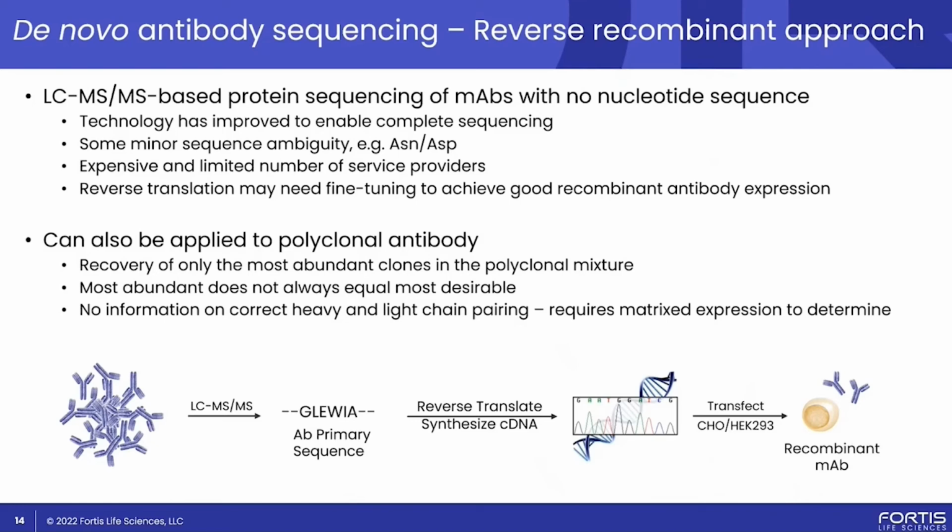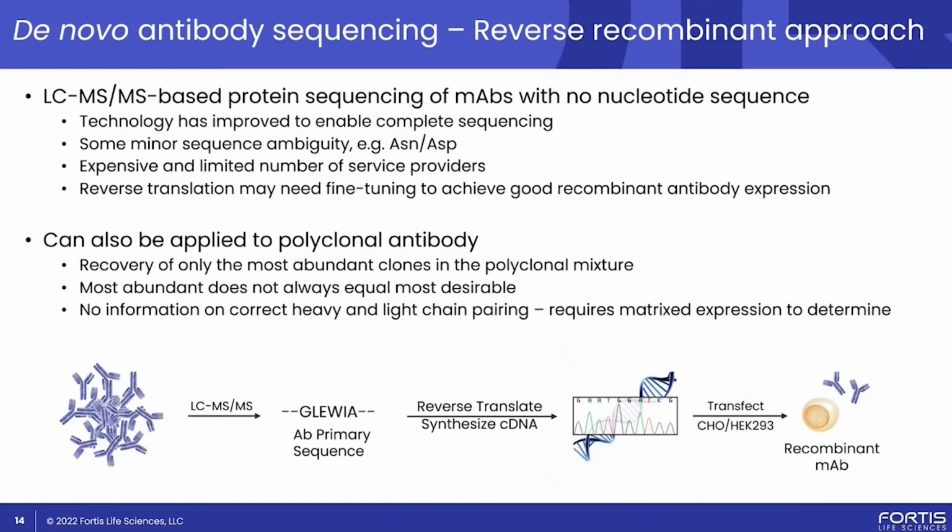It's still an expensive endeavor, and there aren't very many service providers that can perform this. And another disadvantage is that once you have that primary amino acid sequence, you can reverse translate that to more than one nucleotide sequence, and achieving good recombinant antibody expression can take some effort still.